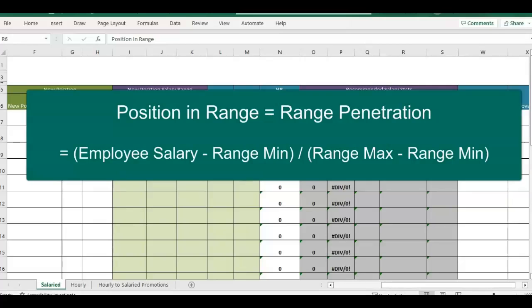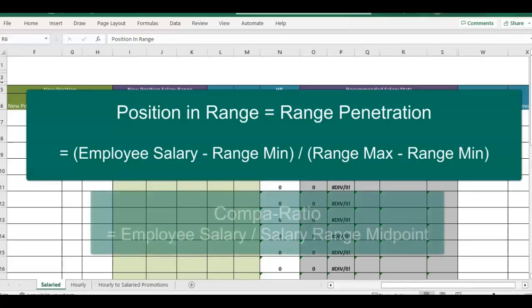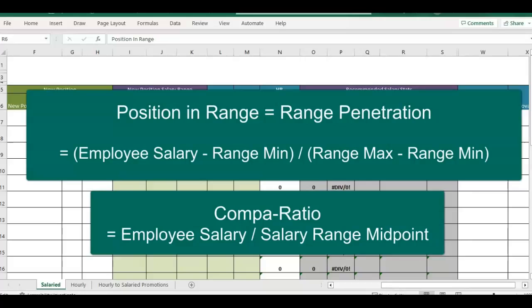So that's going to be your formula for position and range. That will give you that percentage within the min and max. Now compare that to the breakdown of this formula for compa ratio. Compa ratio is just going to be the new employee salary divided by the salary band midpoint or median. Those are your two formulas.